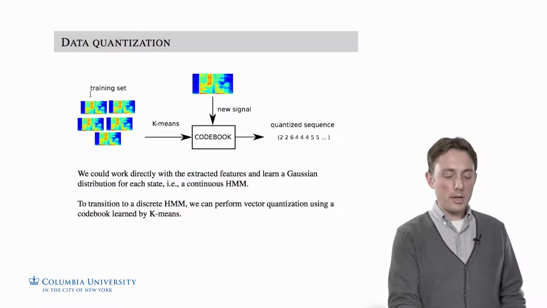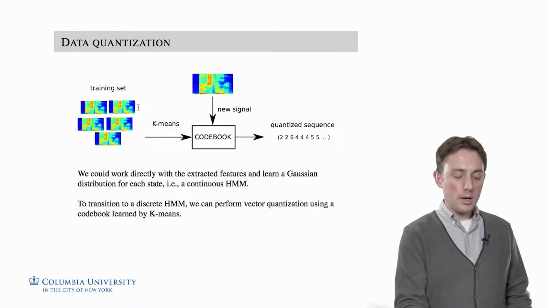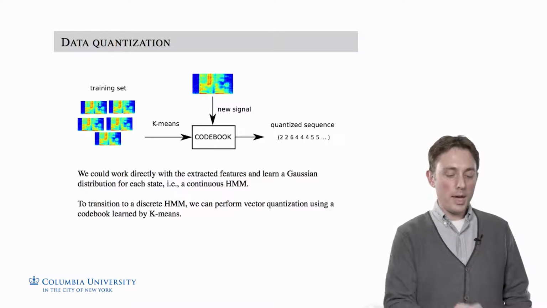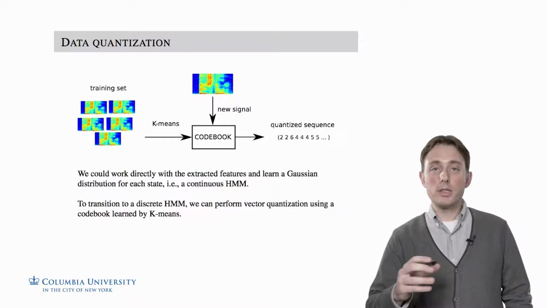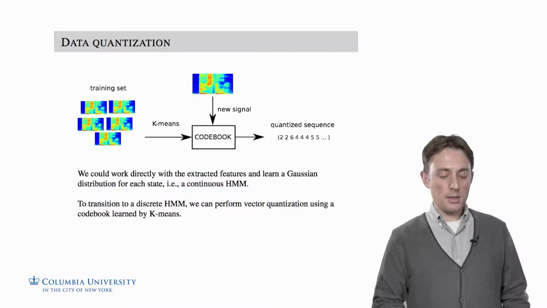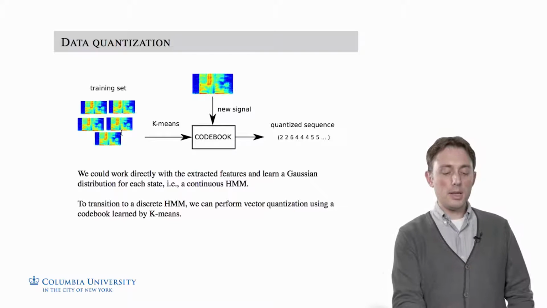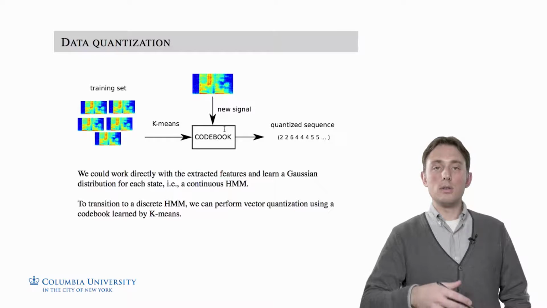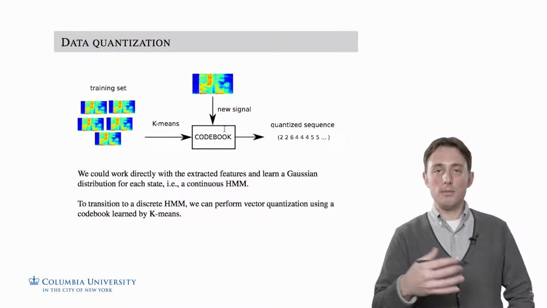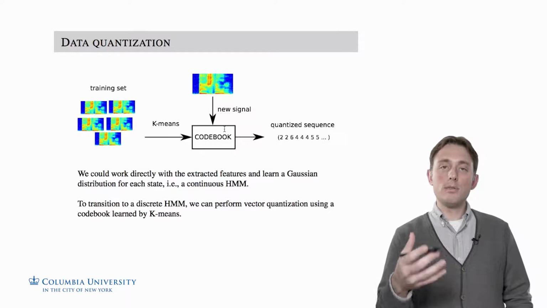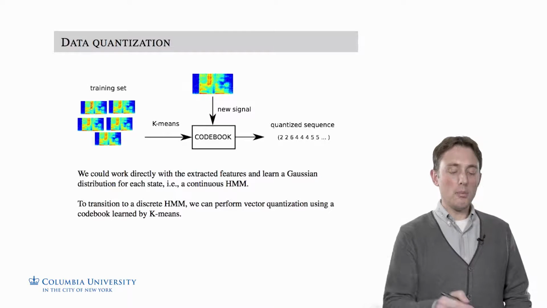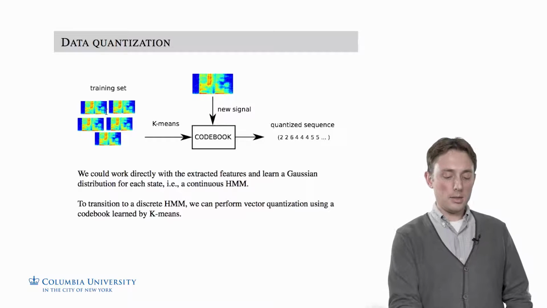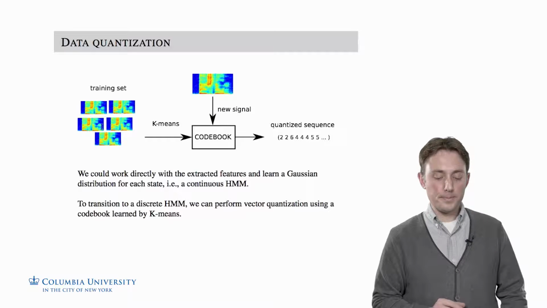So for example, if we had a training set of many different instances of a person speaking a word, and we extracted a sequence of feature vectors in some d-dimensional space, we could take this data and quantize it using k-means to get a codebook of size V, where each vector in that codebook is going to mark off a region in the space that the data lives in, R^d.